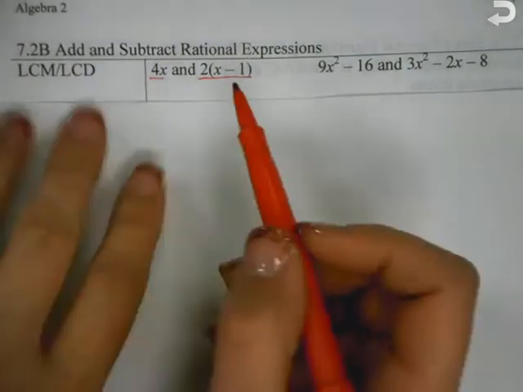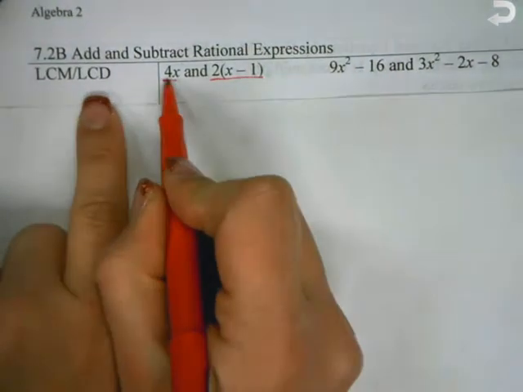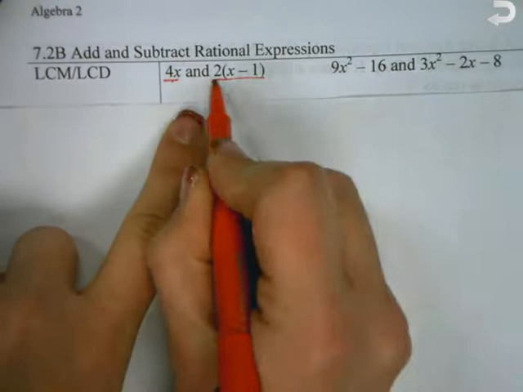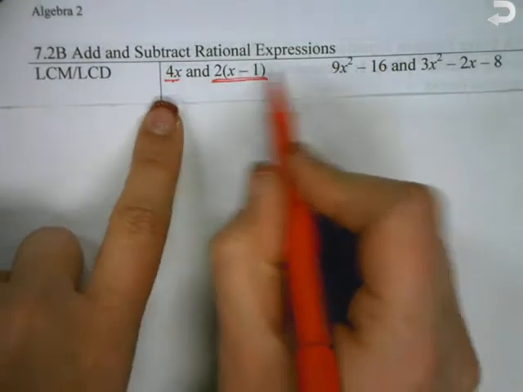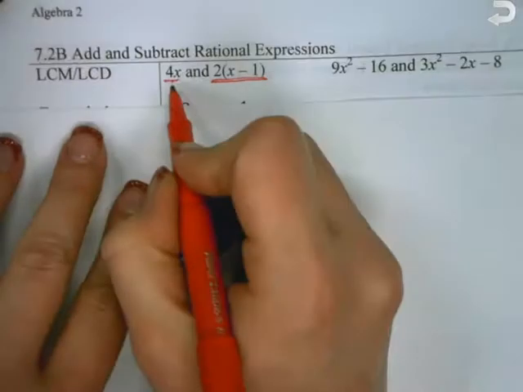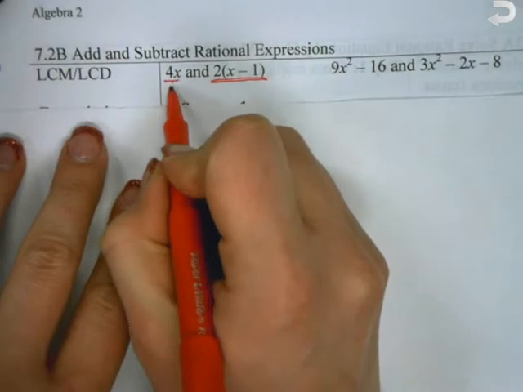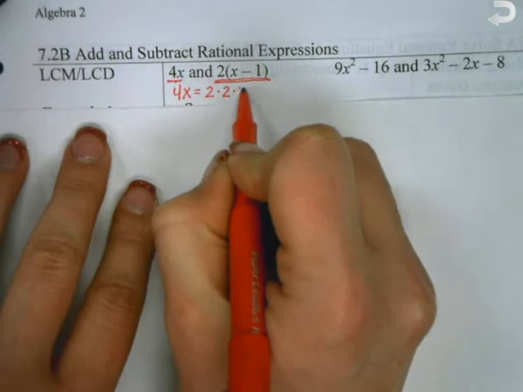Okay. Here's my two terms, right? This one is a 4x. This one is 2 times x minus 1. So before we actually do any of this, let's factor it all out. 4x is the same as 2 times 2 times x, correct?